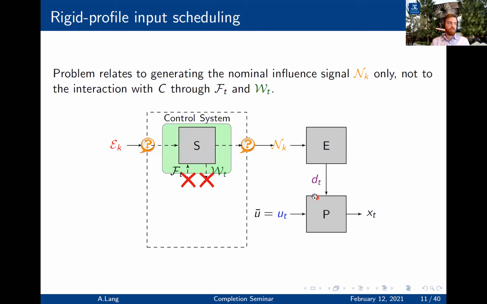In relation to our control hierarchy that we introduced, this problem relates to generating this nominal influence only, and not how we interact through the controller through these signals F and W, which relates to dealing with uncertainty. In this setup, we're only dealing with the nominal and also with the nominal control input.